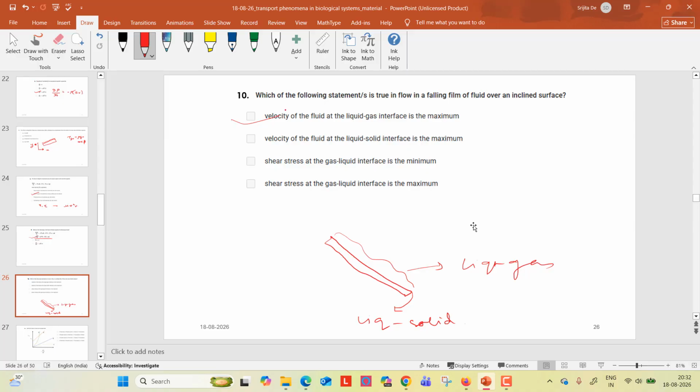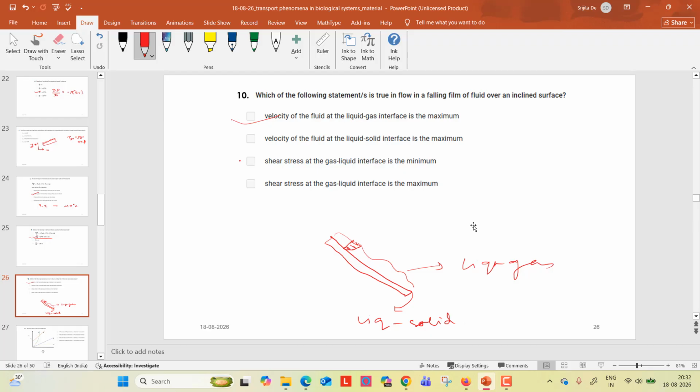Another one is true. So it has a velocity profile like this, right? Here the velocity is maximum at the liquid-gas interface, and as the velocity is high, that means shear stress has to be minimum.